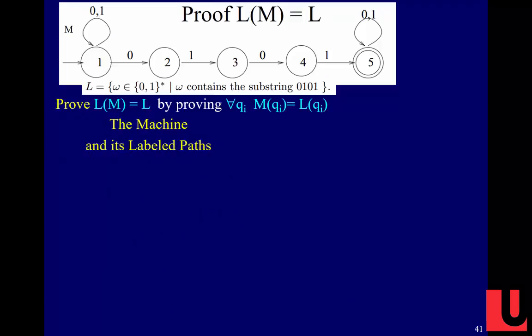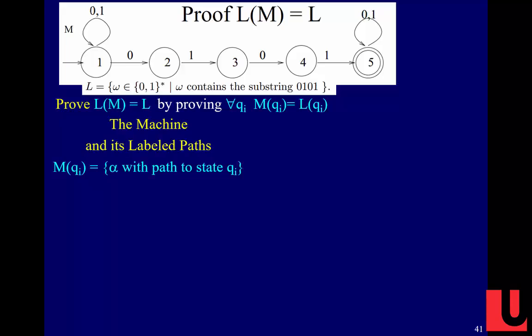I added this slide to clarify what we're talking about. On one side of the divide, we're going to talk about machines and their paths and what strings label those paths. Definitely, periodically re-download anything that I have, because I change them all the time.